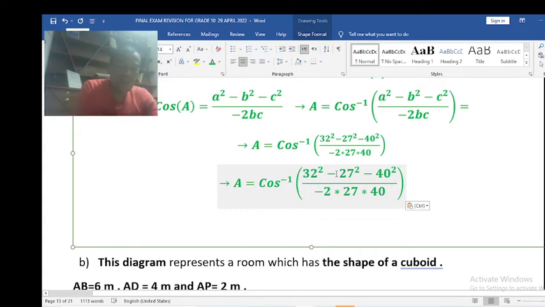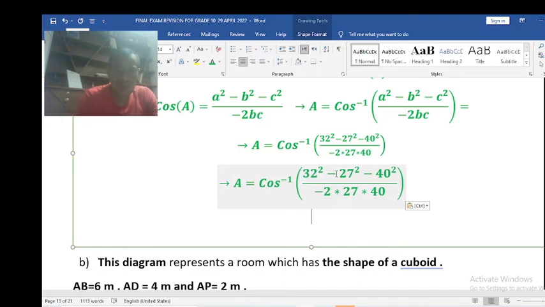I will use the calculator. So we have 32 squared minus 27 squared minus 40 squared.